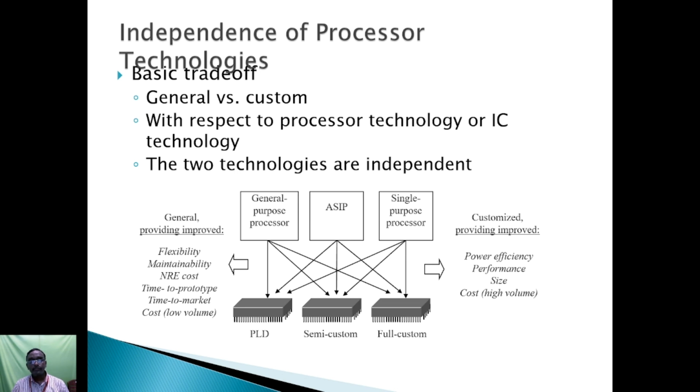For IC technology, one is PLD, another one is semi-custom, another one is full custom. Customization provides improved power efficiency, performance, size and cost.